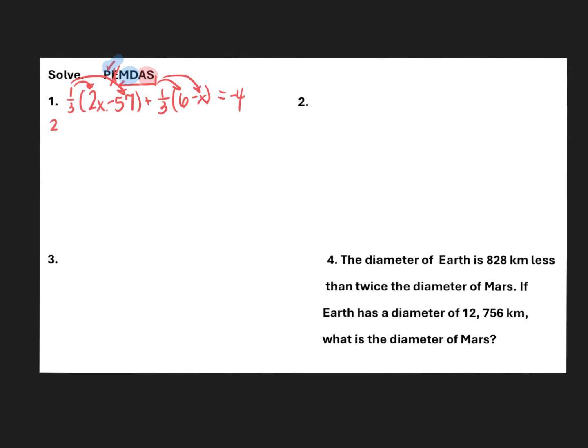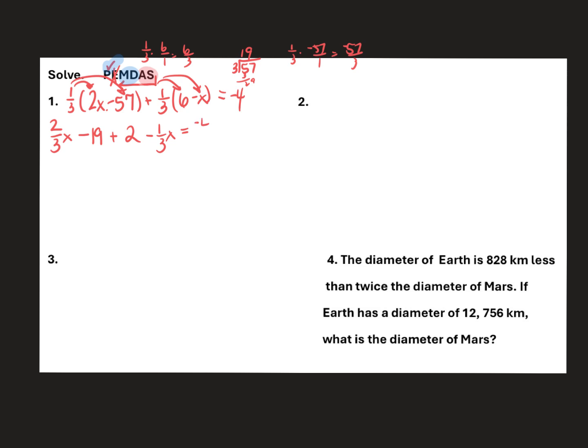One-third times 2x is 2/3 x. 1/3 times -57, 3 goes into 57 19 times, so that is -57 over 3, which is -19. Plus 1/3 times 6, which is 6 over 3, which is 2, minus 1/3 x equals -4.